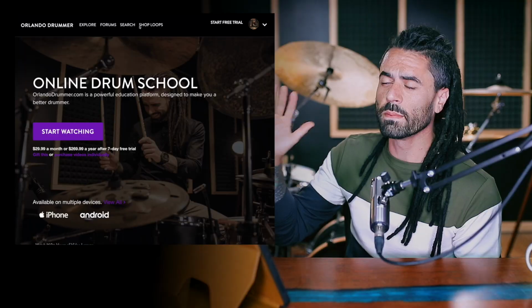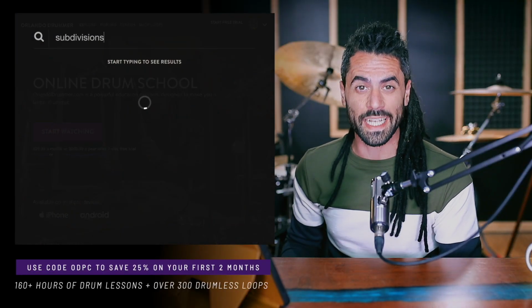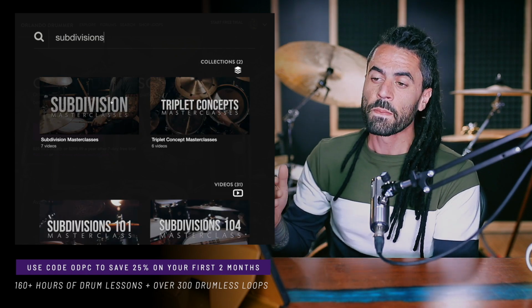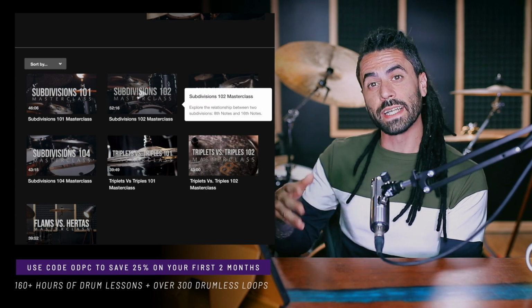But again, the biggest barrier to entry, the thing that people are missing that would bring them closest to, no pun intended, a flow state would probably be subdivisions. That would be the biggest thing. There are 4 or 5 hours of subdivision masterclasses on orlandodrummer.com, which take you through all of the subdivisions and how to count them, how to vocalize them out loud, and patterns that you can play to get used to them.